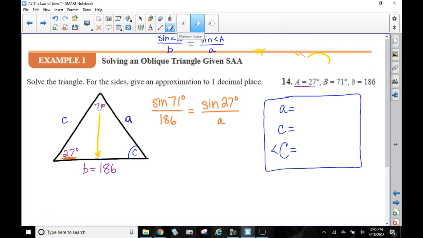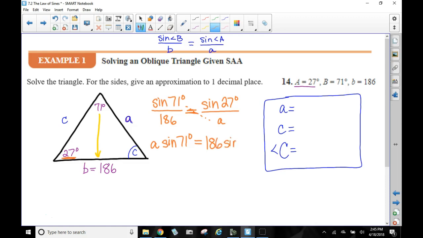What we are going to do is cross multiply. So when I cross multiply, I have A multiplied by the sine of 71 degrees, equal to 186 times the sine of 27 degrees.